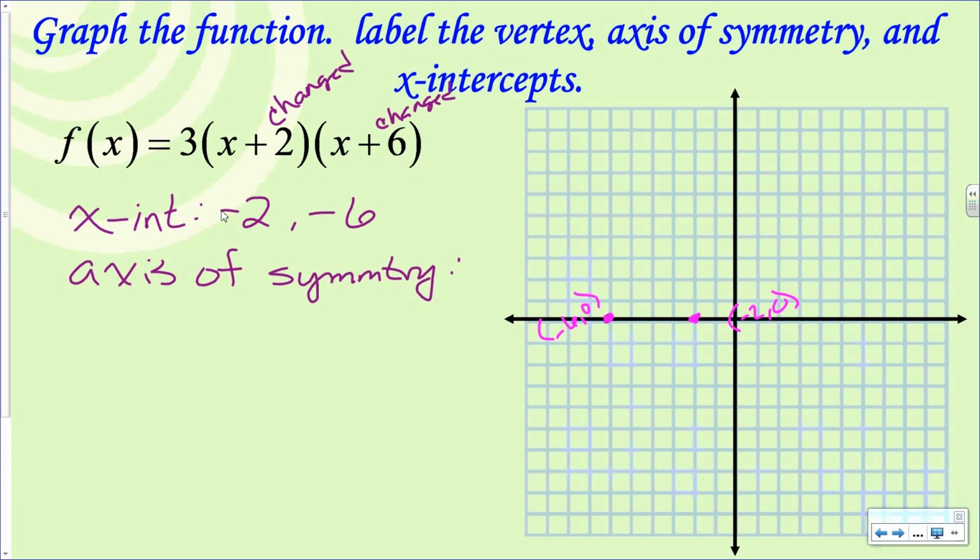Basically it's finding the average, right? You add things together and divide by 2. So negative 2 plus negative 6 divided by 2 is what? Negative 4. And that's x equals negative 4, so that's my axis of symmetry, which goes right through here.